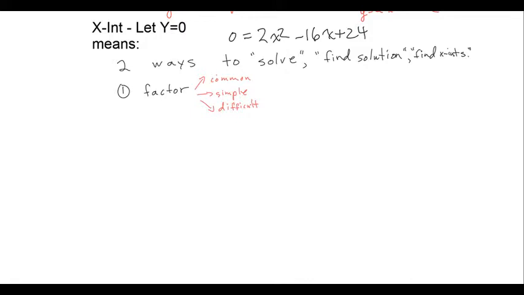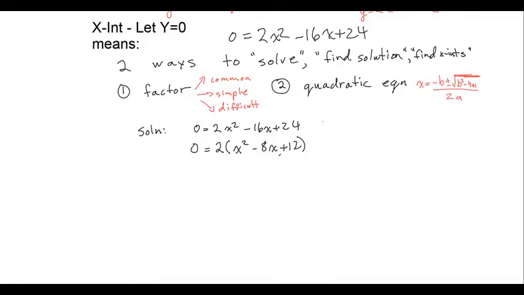Another way to find a solution would be using the quadratic formula: x equals negative b plus or minus the square root of b squared minus 4ac, over 2a. Remember, there can be 0, 1, or 2 solutions. For this next problem, we're going to factor.